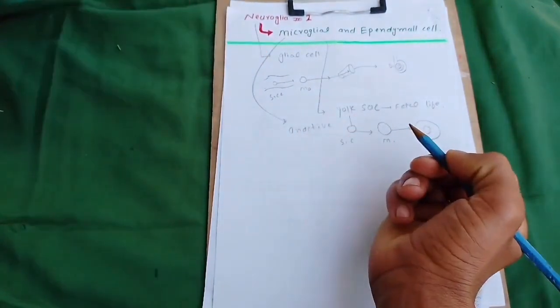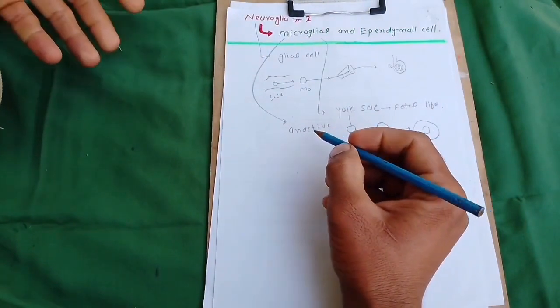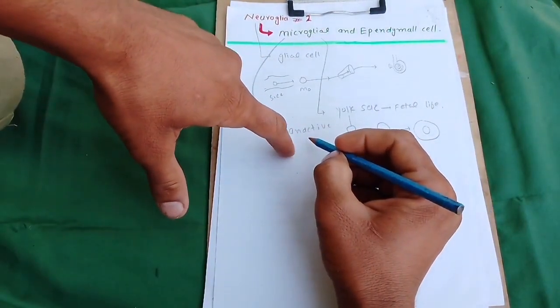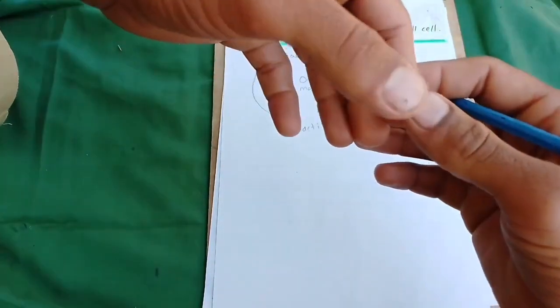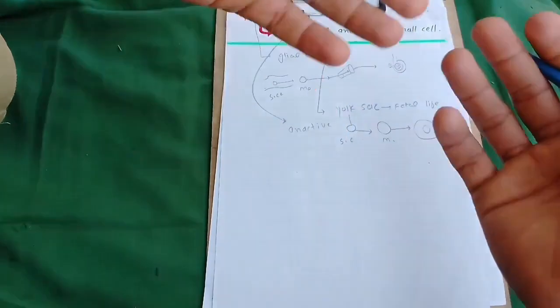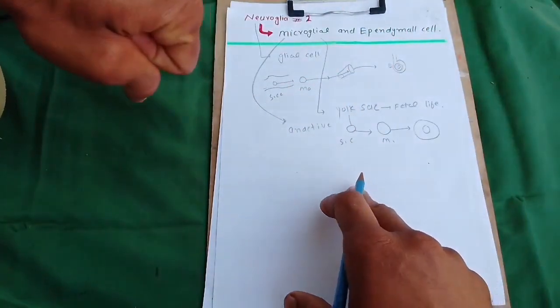But this cell becomes active during the attack of pathogen, toxin, etc. It goes to the site of infection, engulfs that bacteria, that antigen, that pathogen, and destroys them. So it protects our brain.